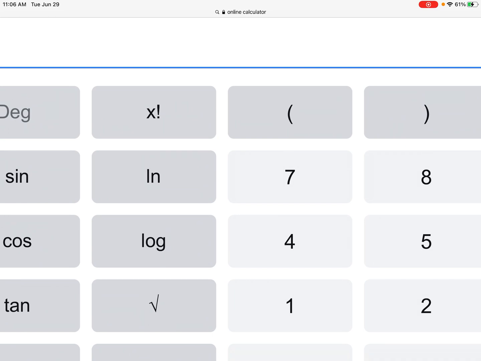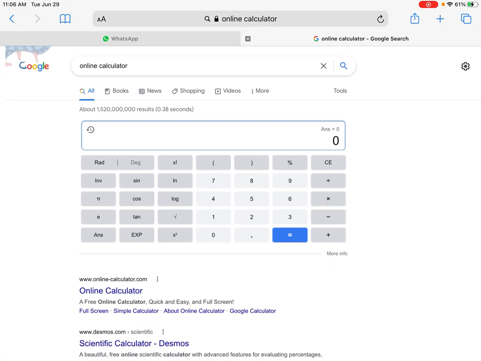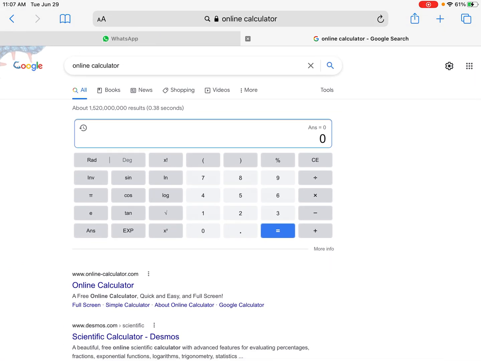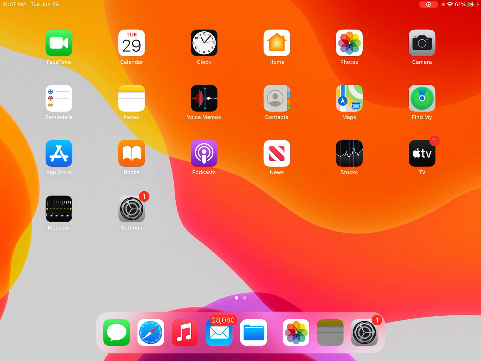Those are the only logarithmic base functions that most calculators have. On the Google calculator, an online calculator, you can see there are only two, the natural log and the ordinary log, which is log base 10.